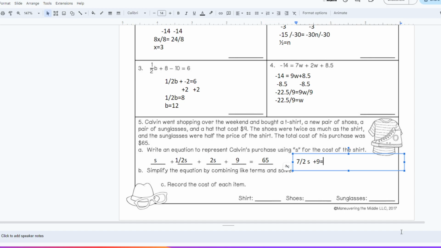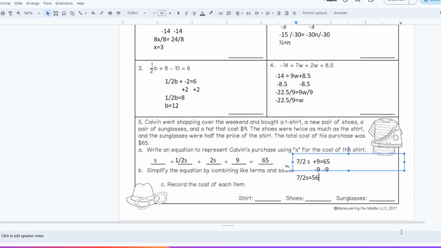Plus 9 equals 65. We're very, very principled, so we're going to get rid of our constant first. And then we have 7 over 2 S equals, and then that's 55 plus 1, 56. I meant to put an equal sign there.